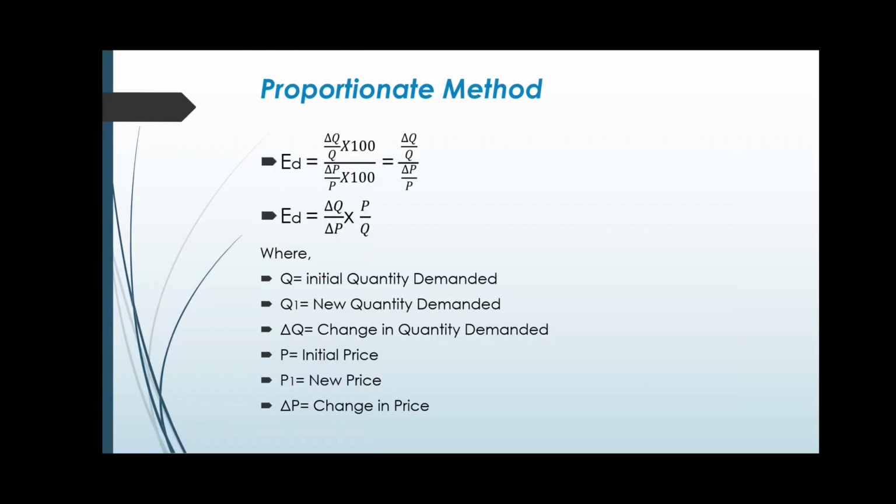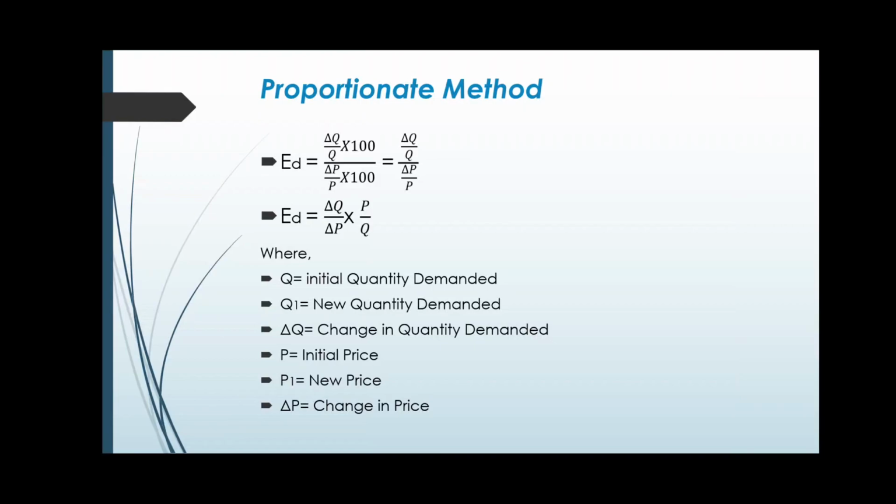Now this formula, that is the percentage change method, can be used in a different manner, that has been derived in this method, that is proportionate method. Just now we studied that delta Q by Q multiplied by 100 is your percentage change in quantity demanded, and delta P by P into 100 is your percentage change in price.